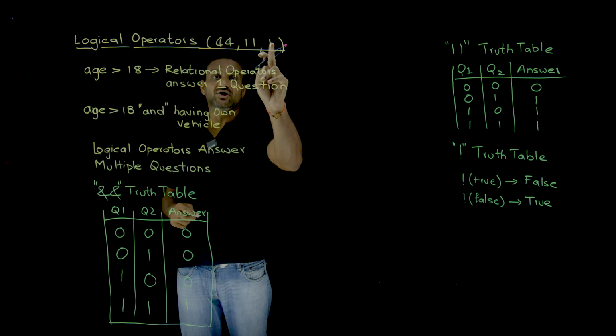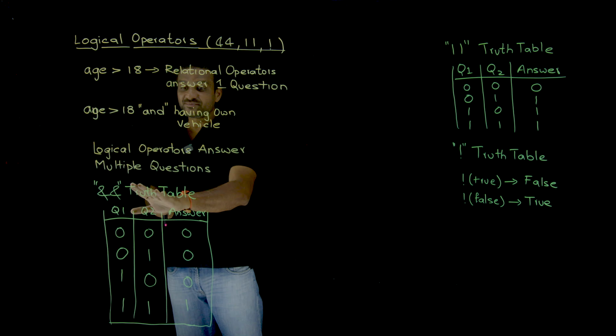Whatever questions we have, with the use of logical operators we always produce only one answer. It may be true or it may be 0. In C programming language, if it is true, the answer is going to be 1, and if it is false, the answer is going to be 0.